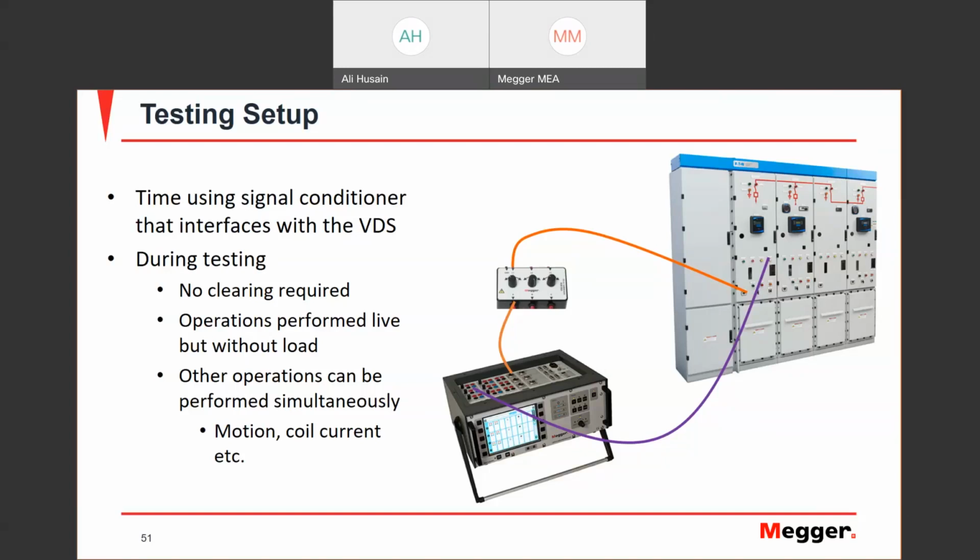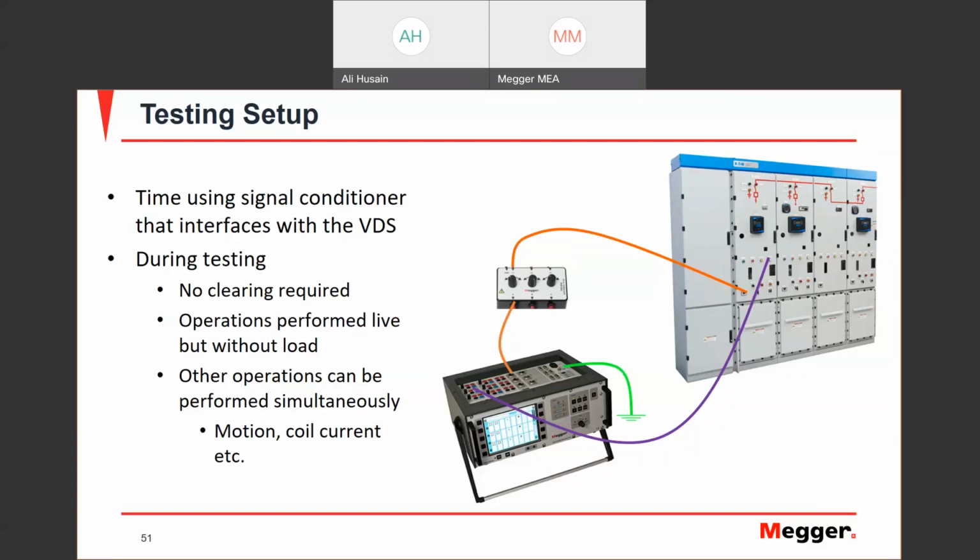And also, luckily, other operations can be performed simultaneously, like the motion test using a transducer, or coil current can be done as well on these medium voltage GIS systems.